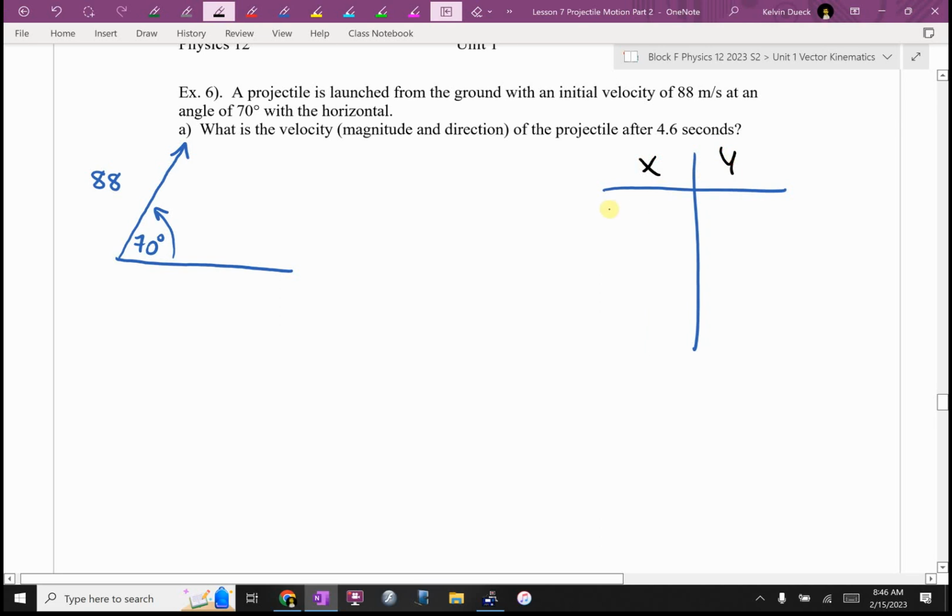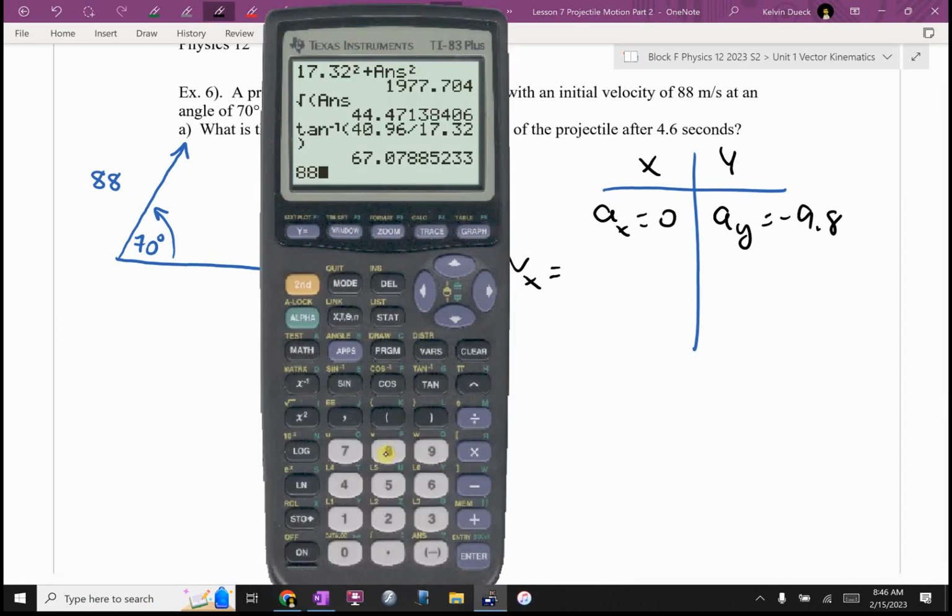Jonah, what two things can I write right away? I usually start with X, but yeah, Vx. Which trig function? Of course it is. So it's going to be 88 cos 70.